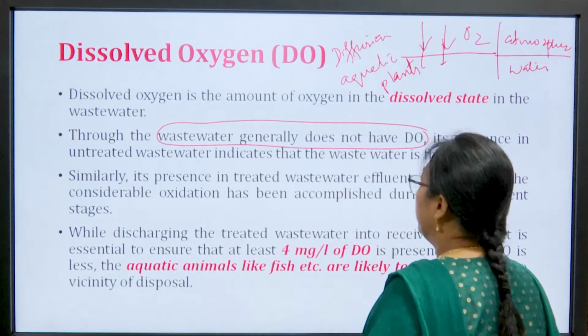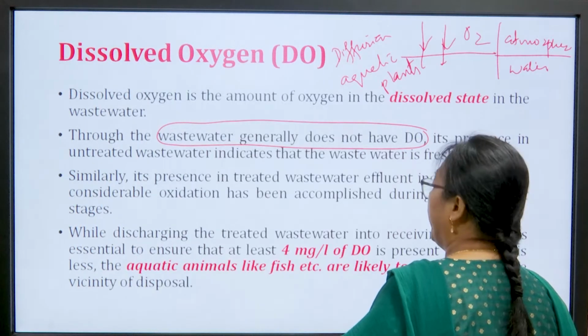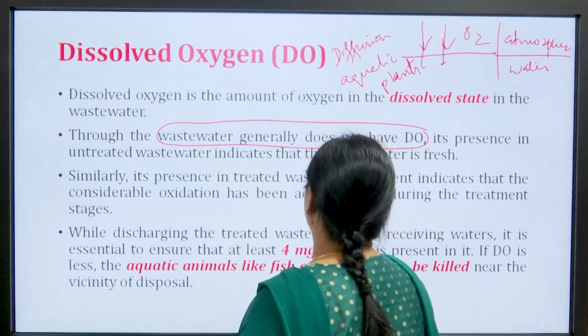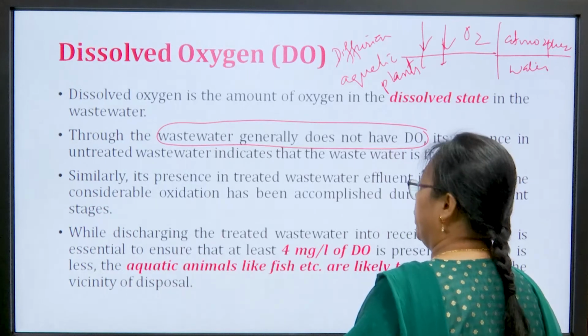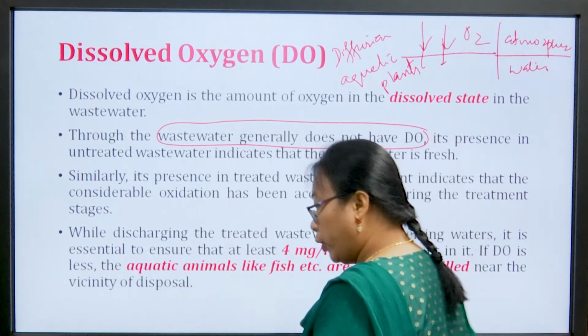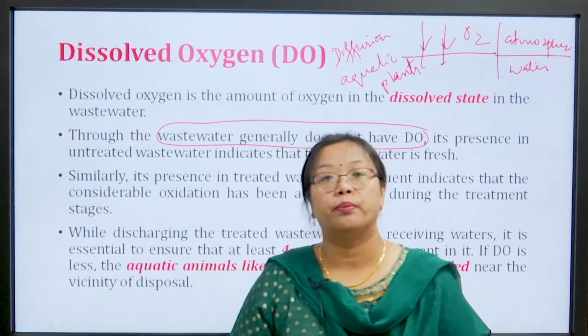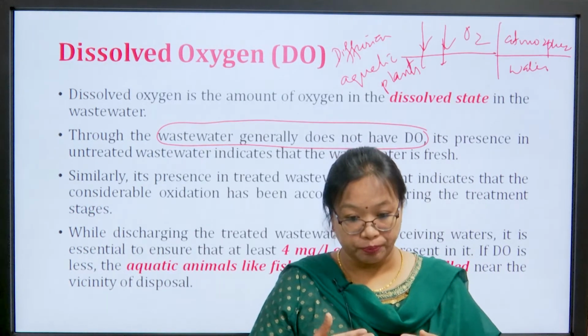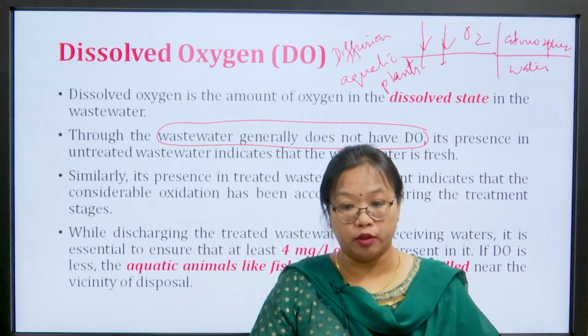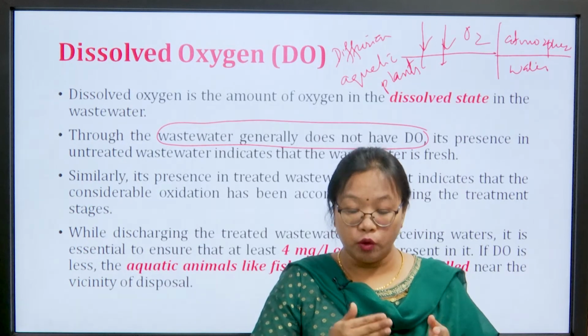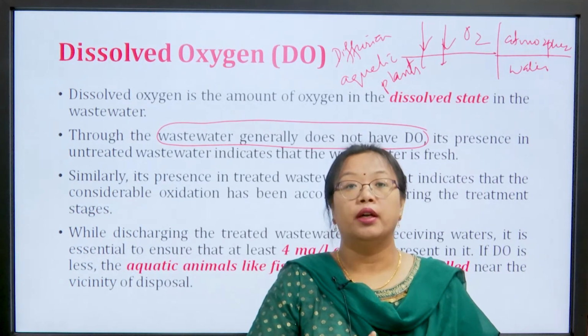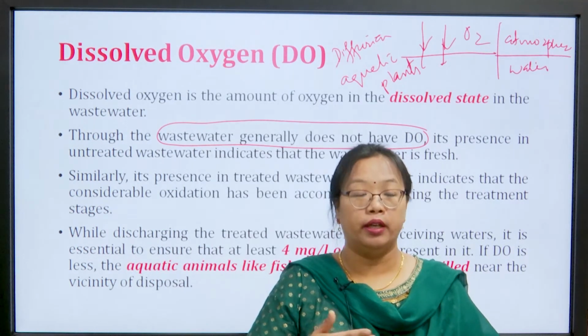Similarly, its presence in treated wastewater effluents indicates that considerable oxidation has been accomplished during the treatment stages. Say for example, when you treat wastewater, it will go through certain stages, you will have aerobic treatment or maybe anything, right.